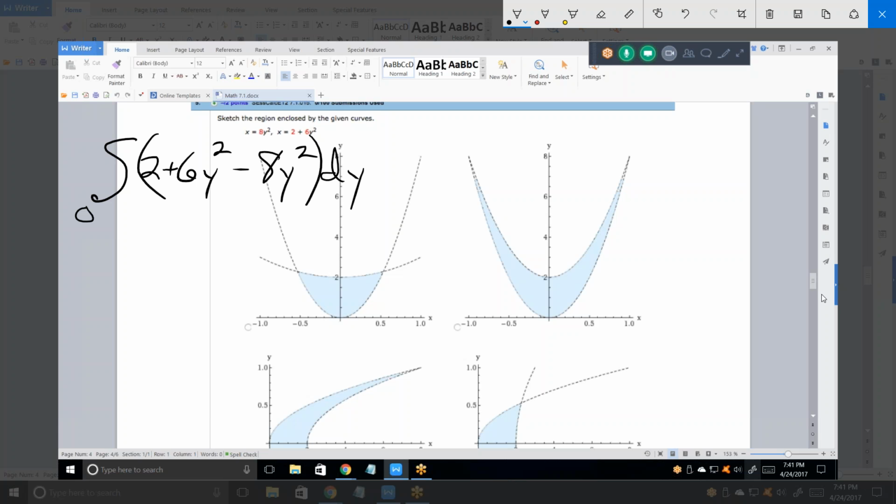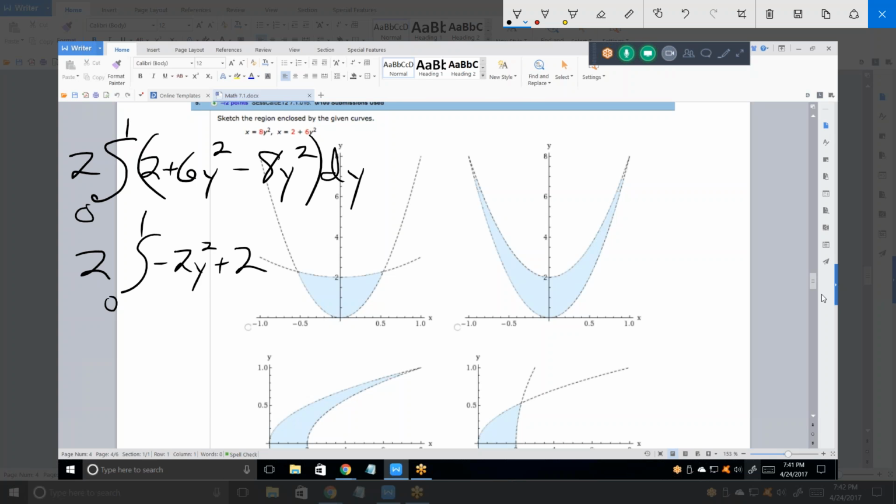And I'm going to go from 0 to 1, multiplying that by 2, using principle of symmetry. Okay, so now we got 2 times the integral from 0 to 1 of minus 2y squared plus 2.